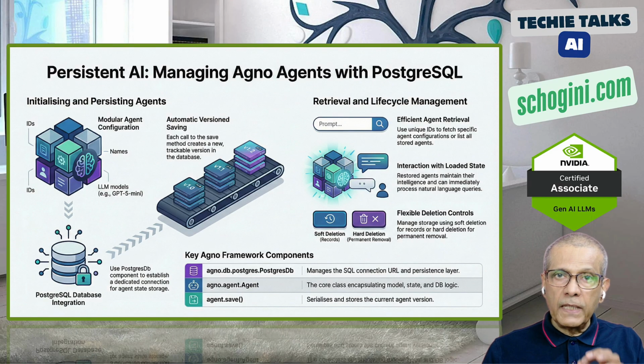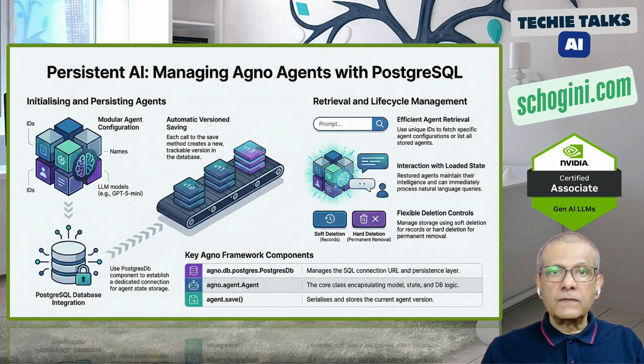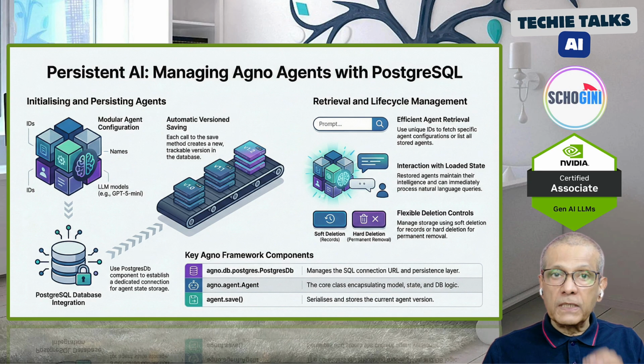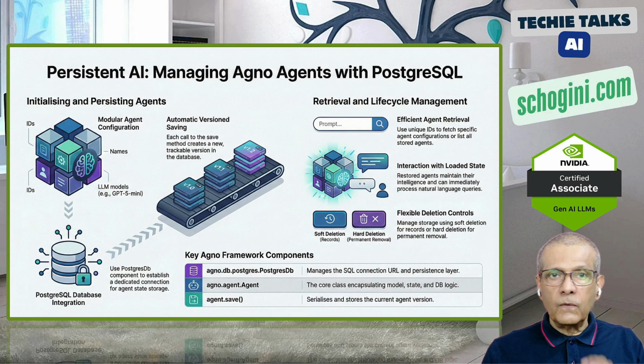In this video, we'll break open a deceptively simple script from OpenAI examples and uncover how production-grade AI systems persist, reload, version, and manage agents using a real database. No hype, no theory, just working agent memory, versioning, and lifecycle management powered by Agno and PostgreSQL.